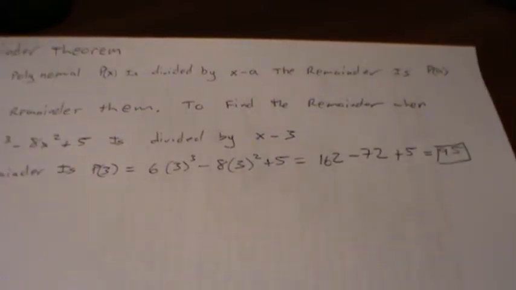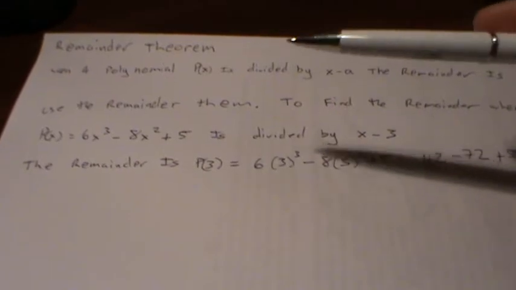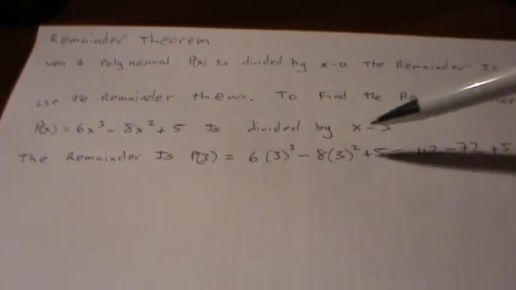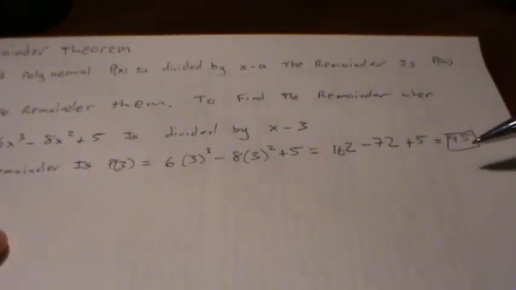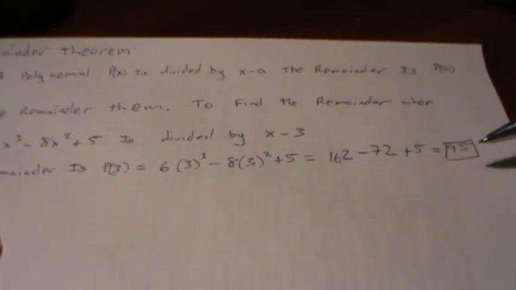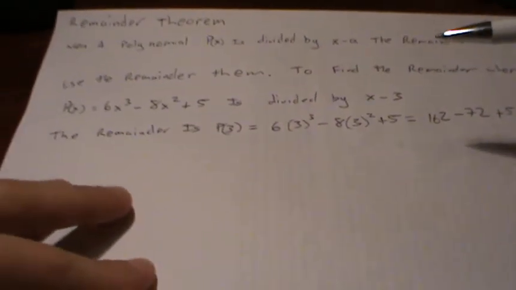Okay, and so if I were to go ahead and divide this polynomial by this binomial, I would get a remainder of 95. And that would be one use of the remainder theorem.